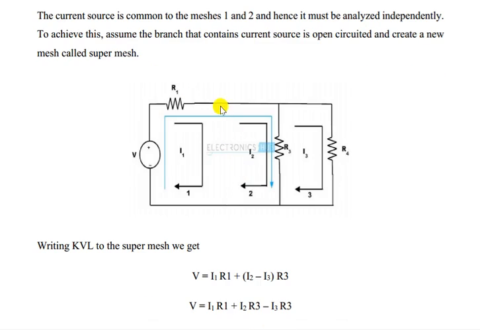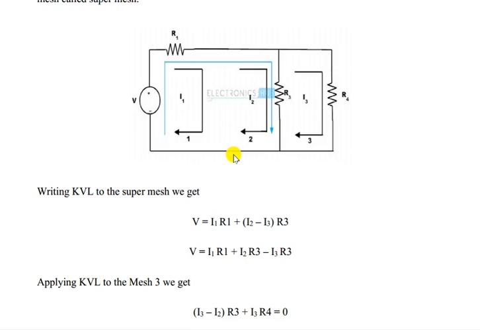Now see here, we have removed this branch totally, and we are writing KVL across this super mesh, across this whole mesh. That is the merging of mesh 1 and mesh 2. If you write KVL for the super mesh, what will we get? Voltage is increasing, so V, then minus, taking the rest on the right hand side.